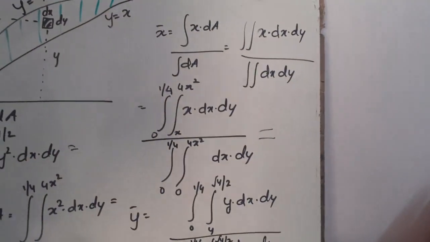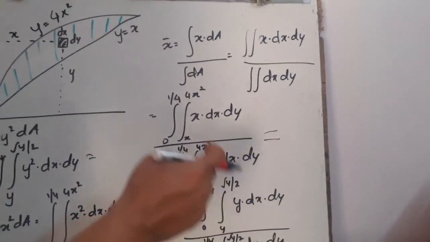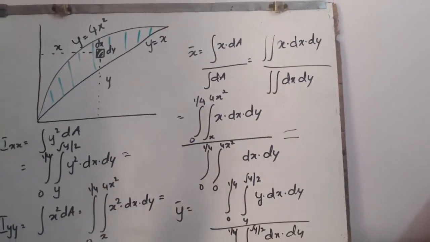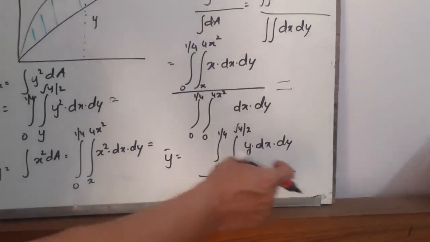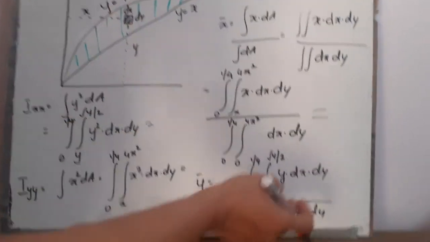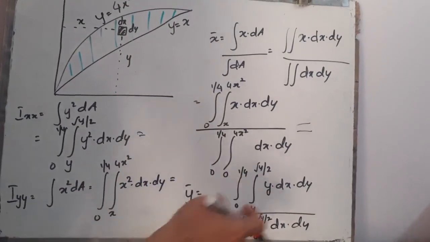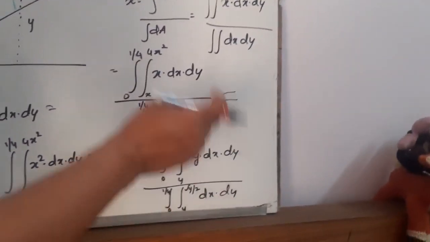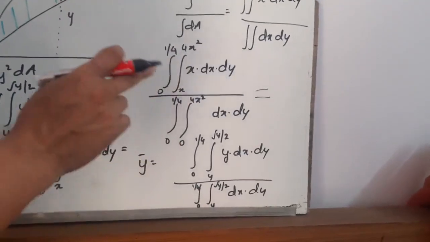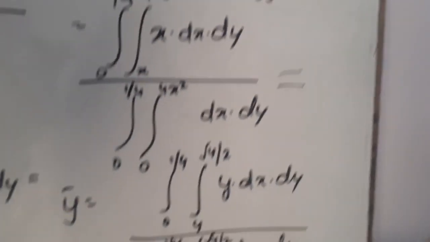Similarly, y bar is given by integral y dA divided by integral dA. So integral dA is dx into dy. We have taken a rectangular element and the process is repeated. Now coming to the limits, here if you look at this equation, dx will be integrated first. So you need the limits in terms of x.